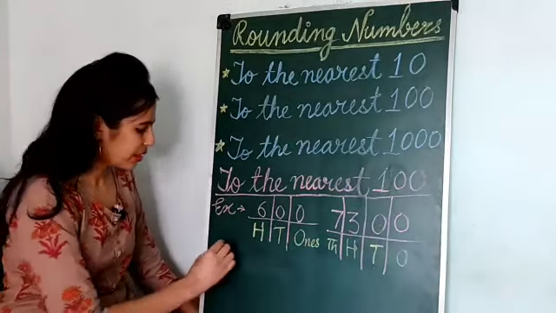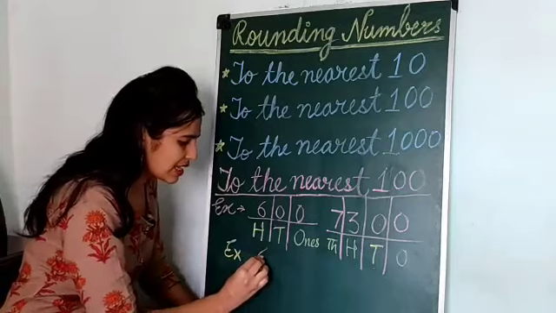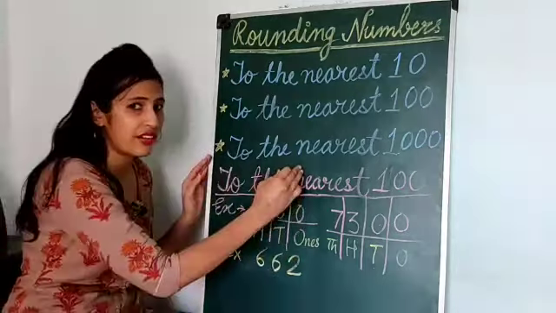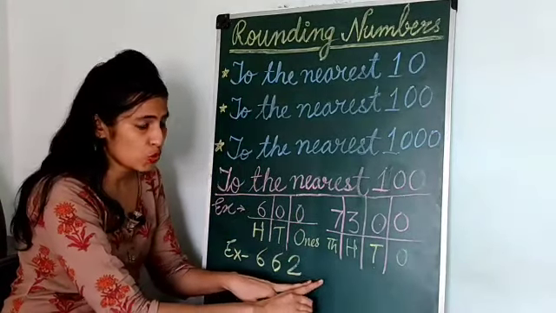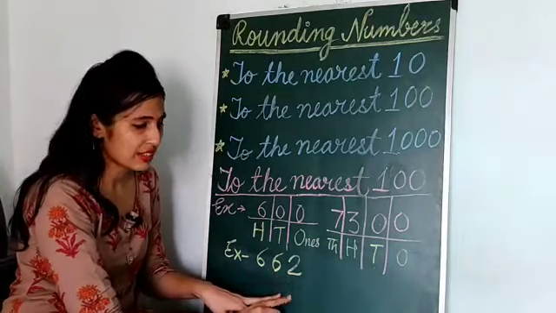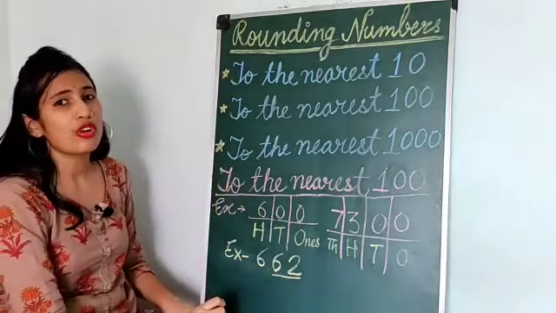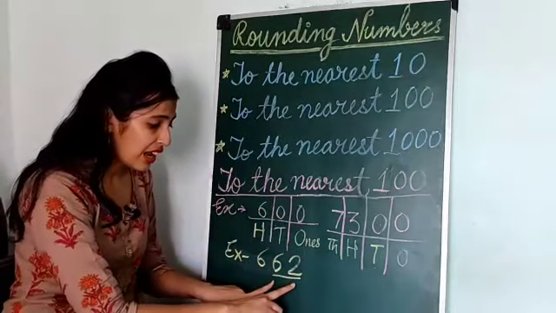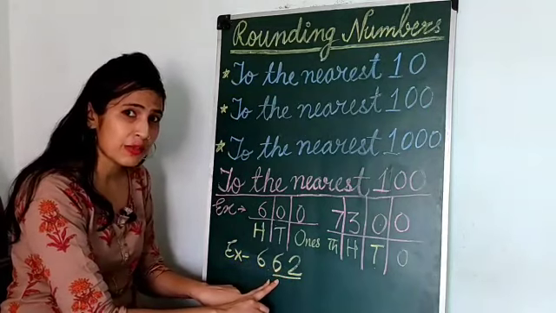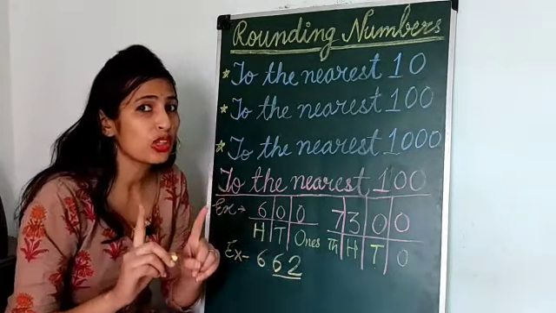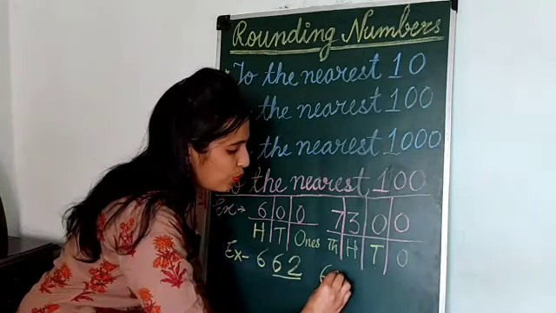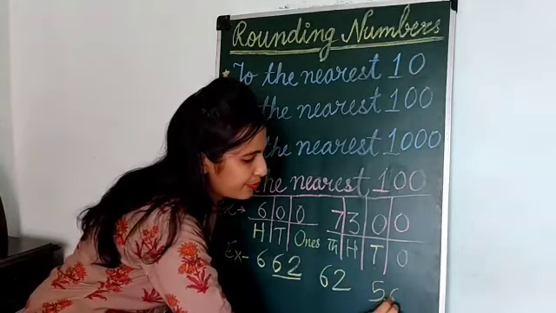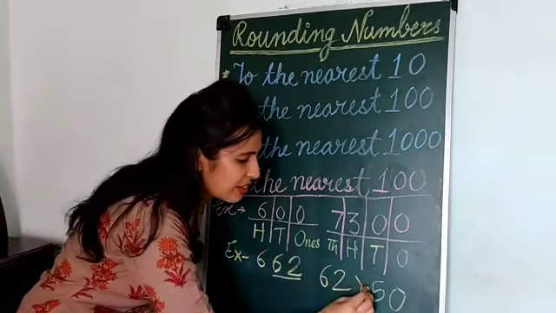Let's take an example. Here the number is 662. When we round off this number to the nearest 100, the ones place digit is 2 and the tens place digit is 6. We have to compare the ones place and tens place digits, the number 62, to the number 50. 62 is greater than 50.